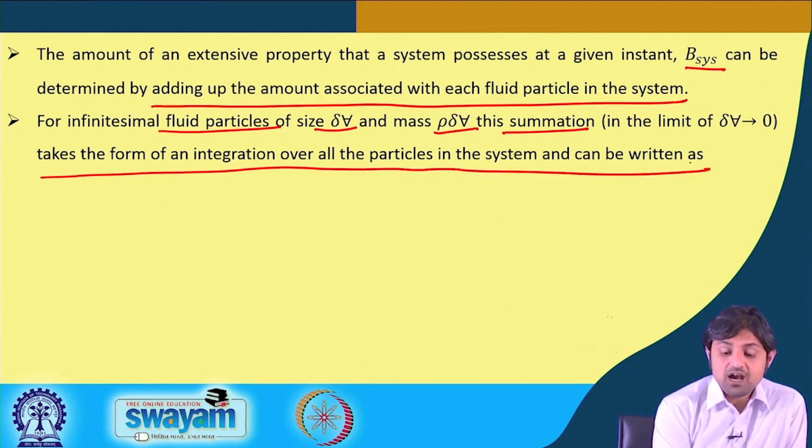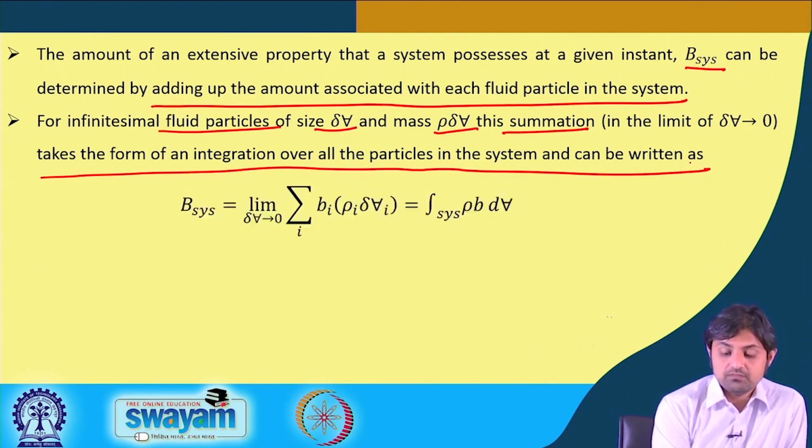So, if we consider a small fluid particle of size delta V, and we take the limit to 0, B sys will be the integration over all the particles of the system. So, capital B system is the summation of b_i rho_i, so it is a summation of the mass, right? Correct.